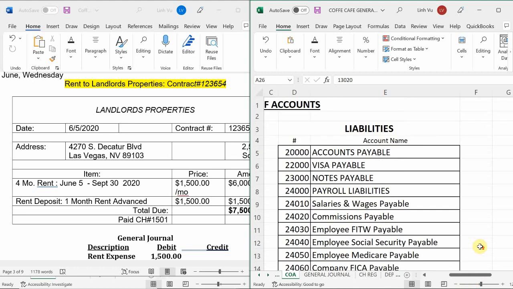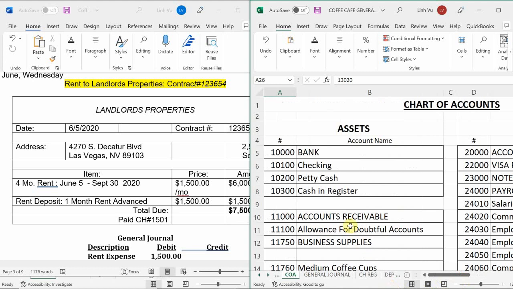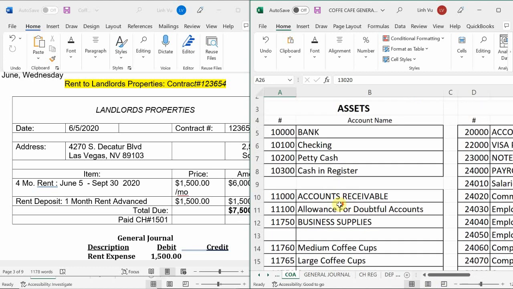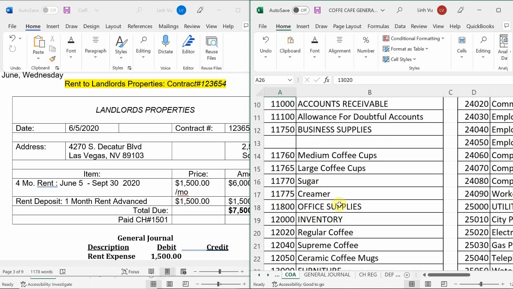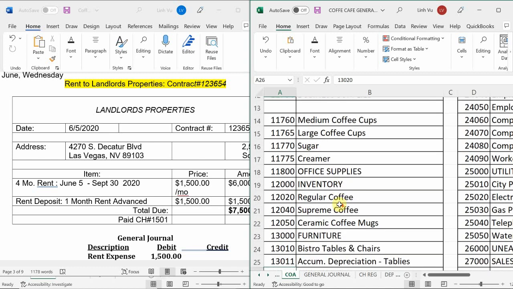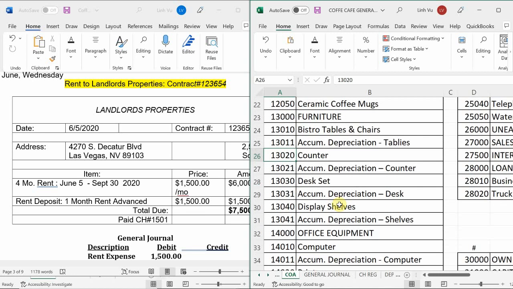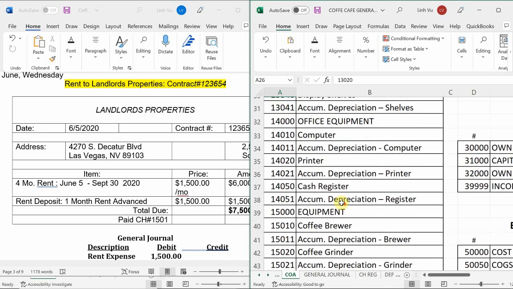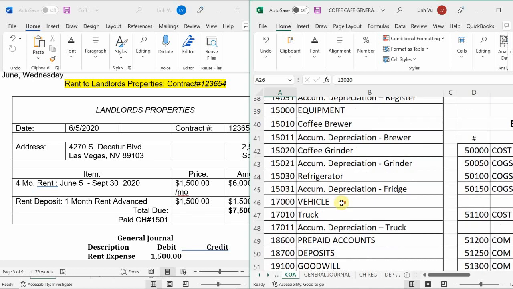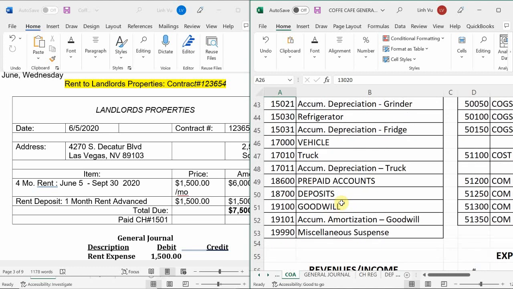Now, when we refer to buying things in advance, we call those prepaid. We paid for prepaid rent because we already paid for it. Do we have an account similar to prepaid rent? Yeah, it's 18,600 for prepaid accounts.